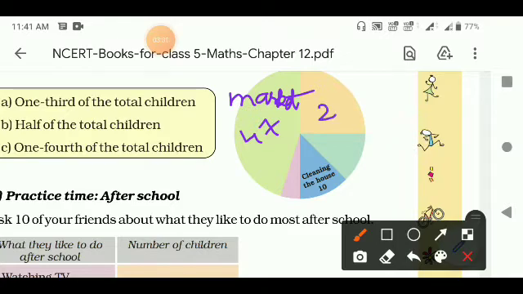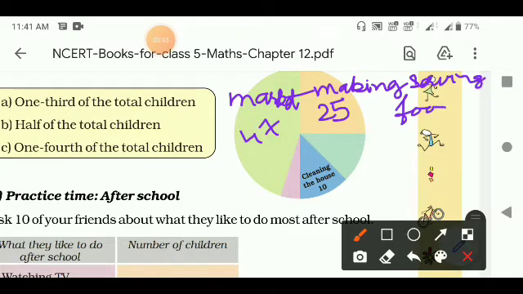So this is 25, and these are for making and serving food. And then the third highest is this part, and in this part we can write 15 for washing utensils.